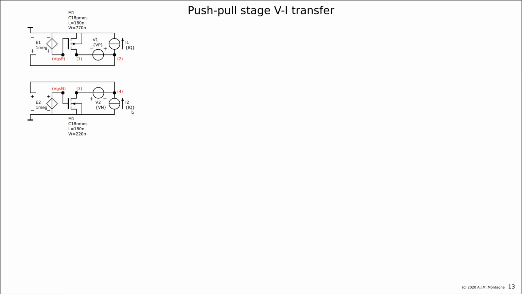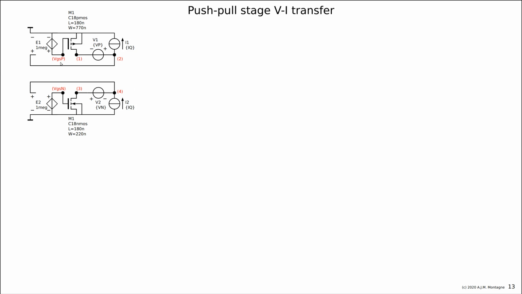Here we have IQ also, and we have an operating voltage Vn there, and we find the negative gate voltage required to get this operating point in the device. So node 4 and node 2 will approximately be 0 volt. That is the aim of the biasing.